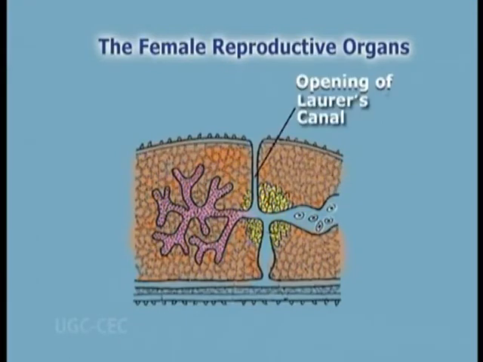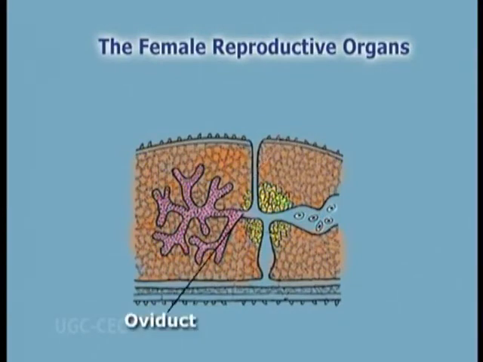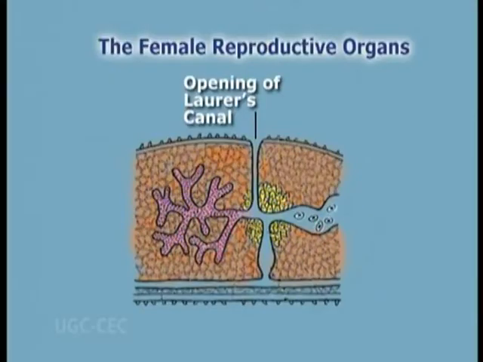Now, friends, let us discuss the Laurer's canal, which is produced only during the breeding season. This canal arises from the oviduct during the breeding season, and it also acts as a sperm duct. Sperm duct means the spermatozoa enter the female reproductive organ through this canal.